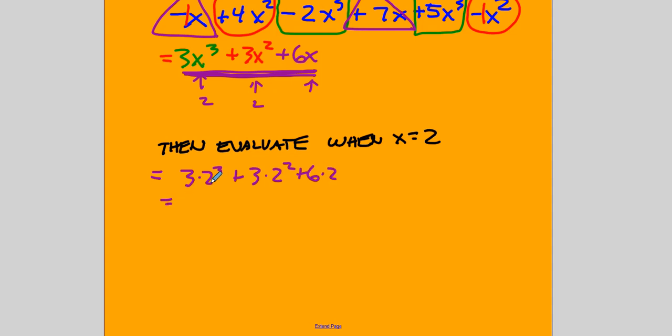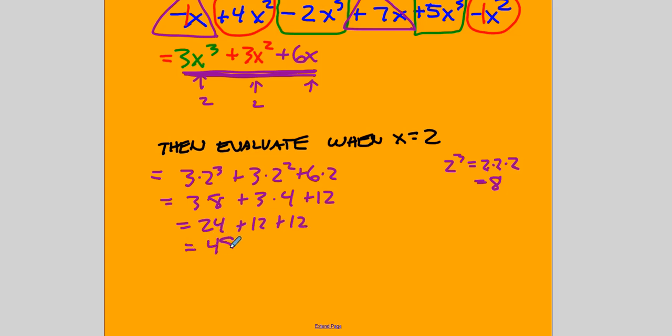Well, 2 cubed is not 6. 2 cubed means 2 times 2 times 2, which is 2 times 2 is 4 times 2 is 8. So this is 3 times 8, plus 3 times 2 squared means 2 times 2, which is 4. 6 times 2 is 12. So we have 24 plus 12 plus 12. 12 and 12 is 24, and 24 makes a total of 48.